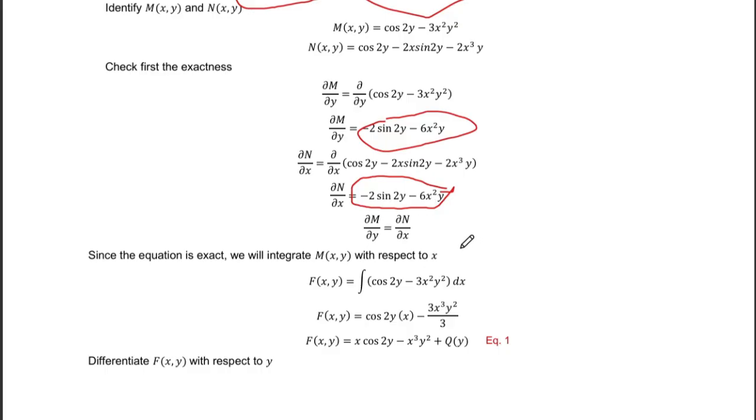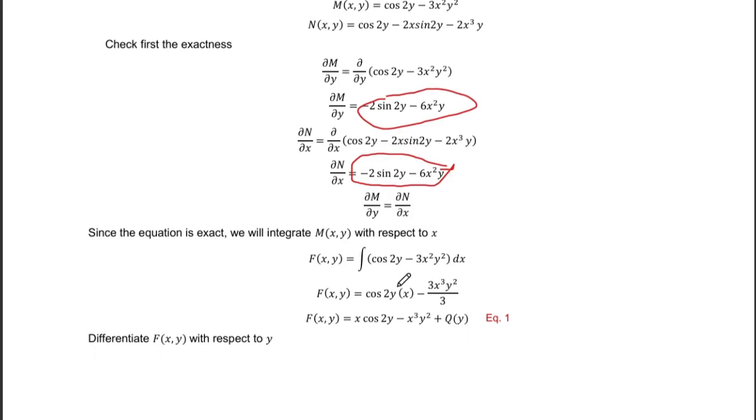Since the equation is exact, we must integrate the function M, cosine 2y minus 3x squared y squared, with respect to x. Since cosine 2y here will become the constant, times x, and integrating this, we have 3x cubed y squared over 3.